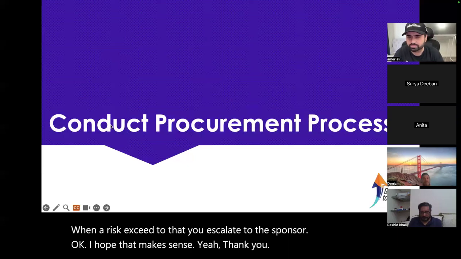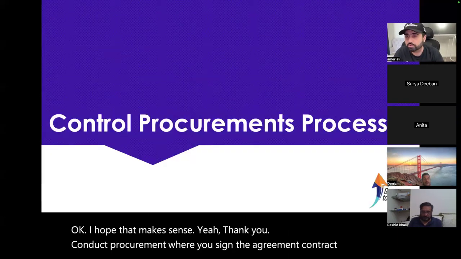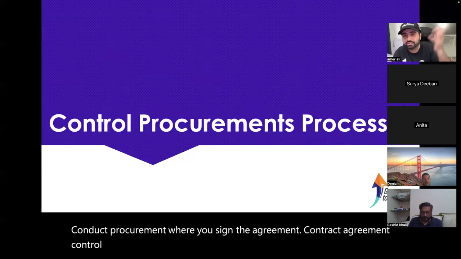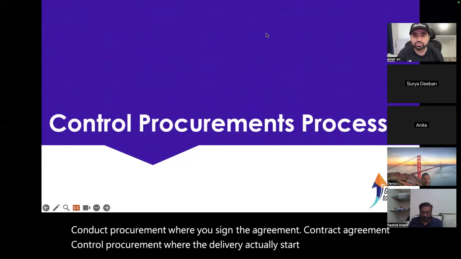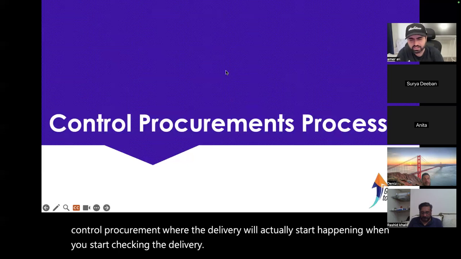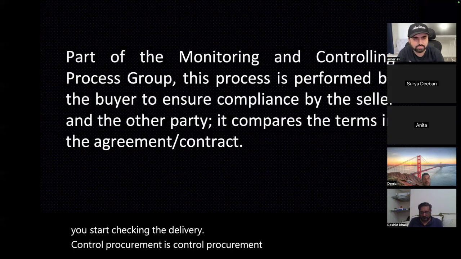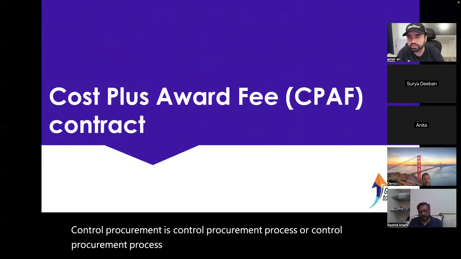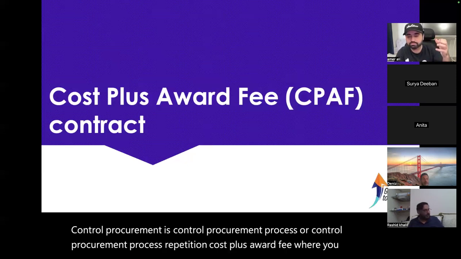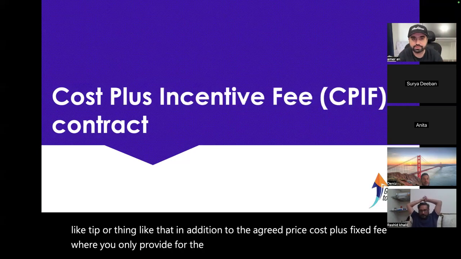Conduct procurement is where you sign the agreement, the contract agreement. Control procurement is where the delivery actually starts happening and you start checking the delivery. Cost plus award fee is where you give them a tip in addition to the agreed price. Cost plus fixed fee is where you only pay for the services they have done.